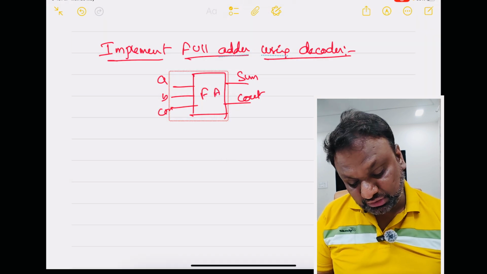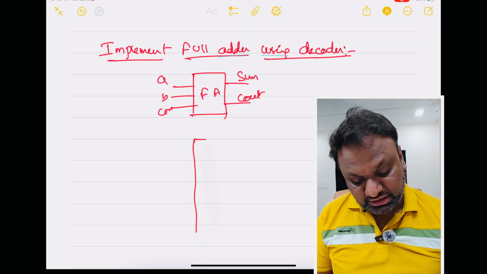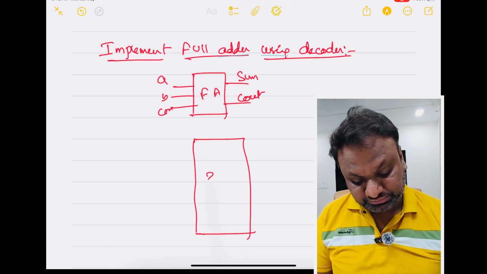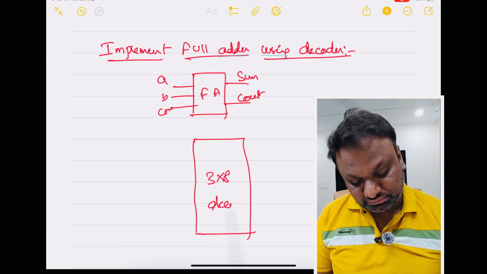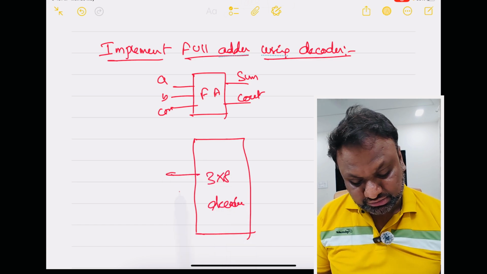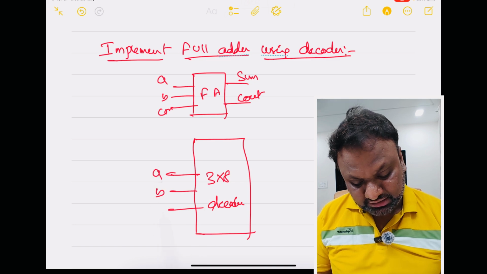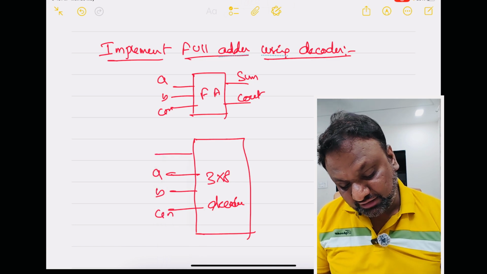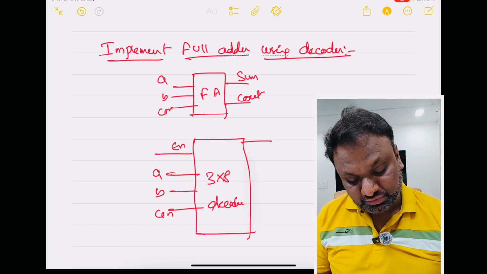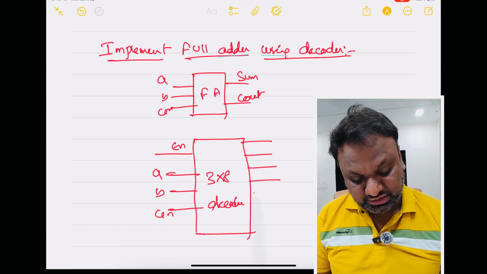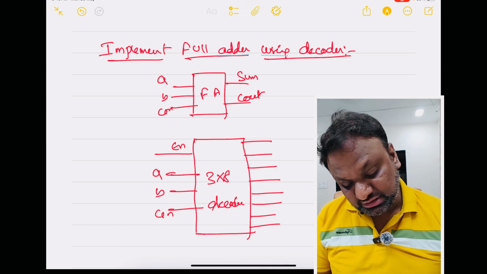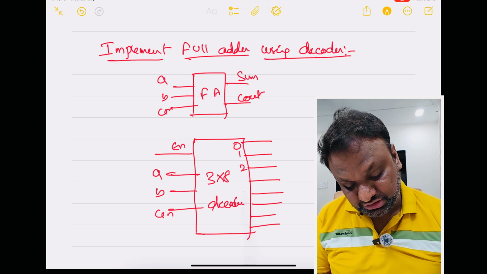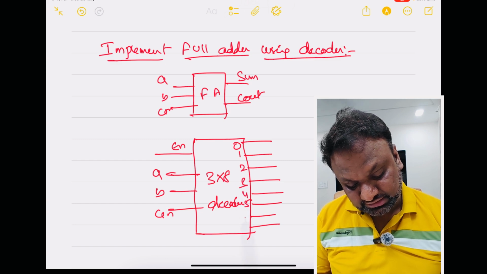Because 3 inputs, so I will be using a 3 to 8 decoder. Right? So this is A, B, C in. Okay, I have an enable signal here. Outputs 0, 1, 2, 3, 4, 5, 6 and 7.